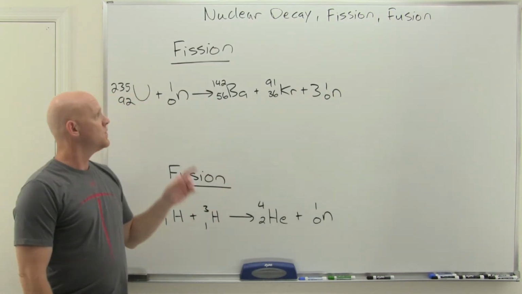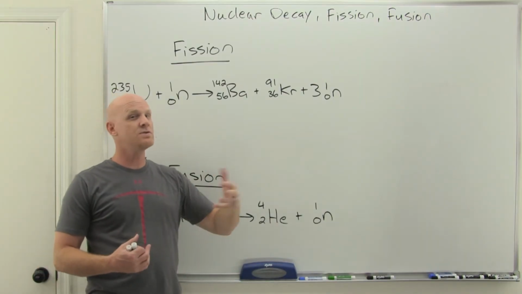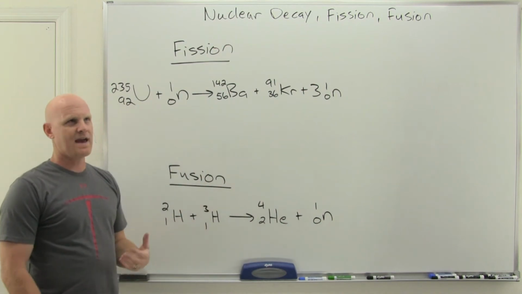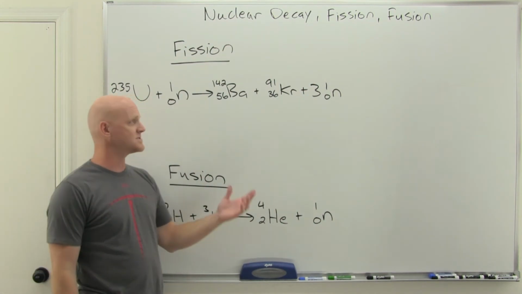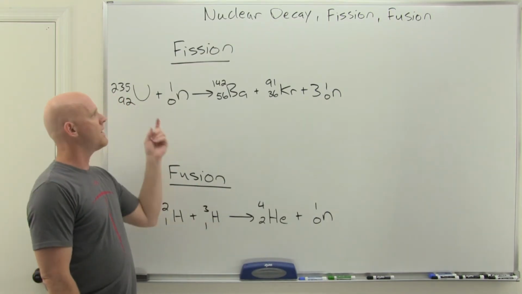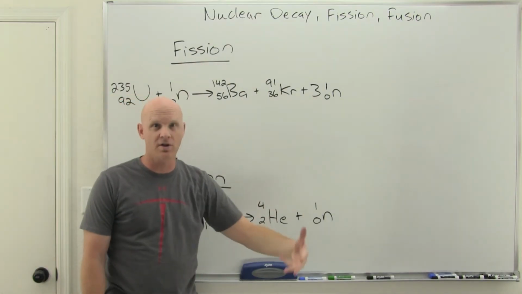So when you start doing nuclear fission with uranium, it produces 2 to 3 additional neutrons. And so this can be a problem. You could look at this as a good thing, or it could be a big problem depending on how you look at it. If you get this process going by bombarding it with some neutrons, all of a sudden now you've done this once, and it produces, say, 3 more neutrons all on its own.